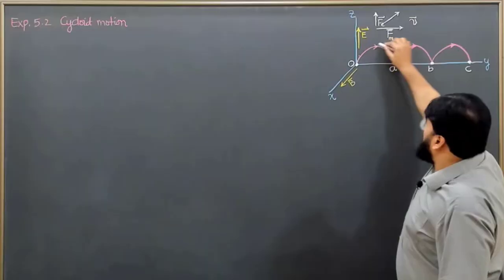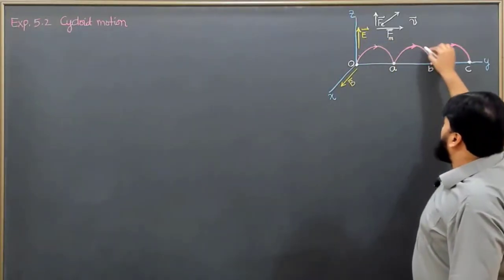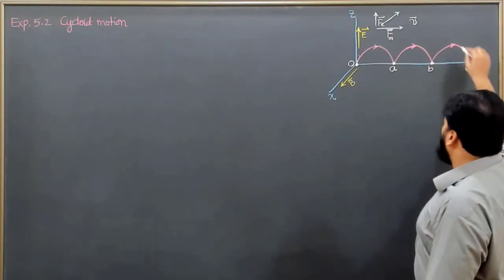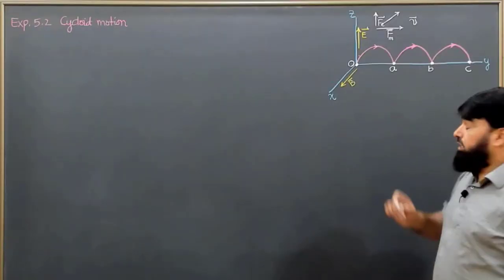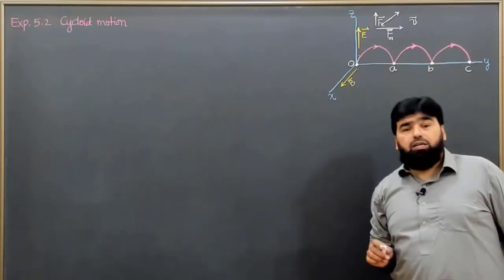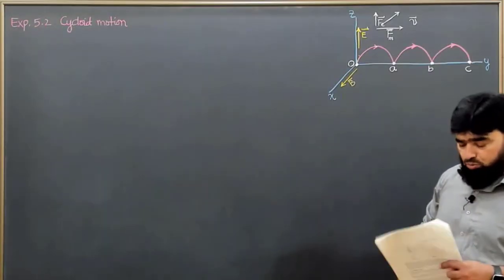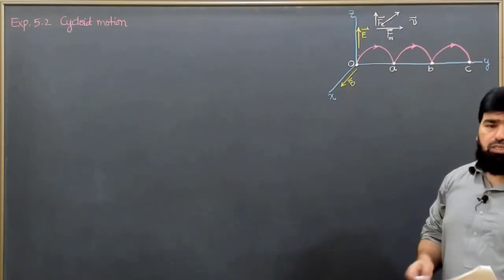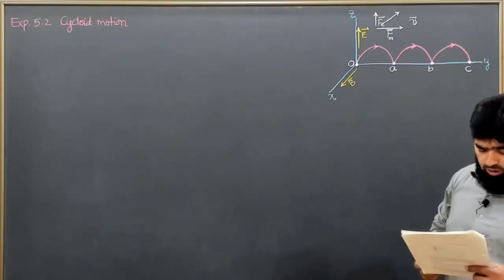This process will be initiated again and again, and the particle will ultimately be moving in the y direction. This motion we call the cycloid motion.